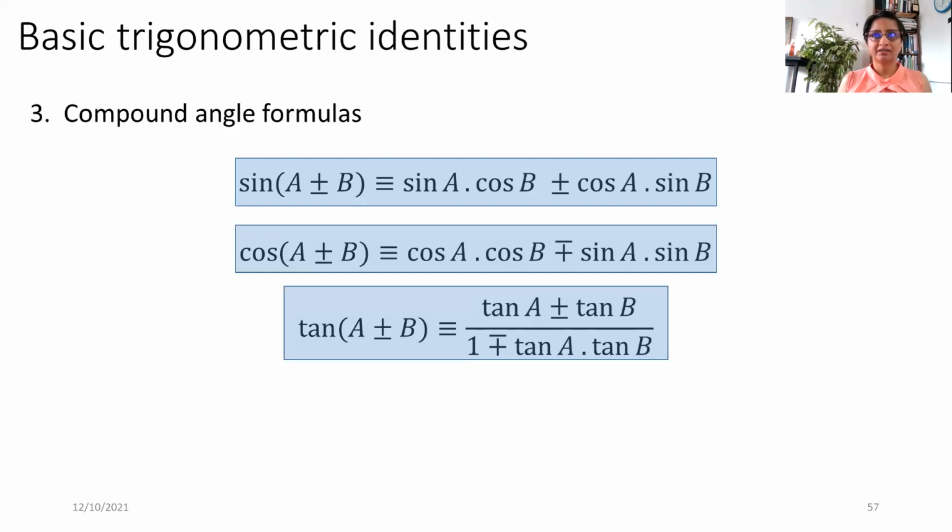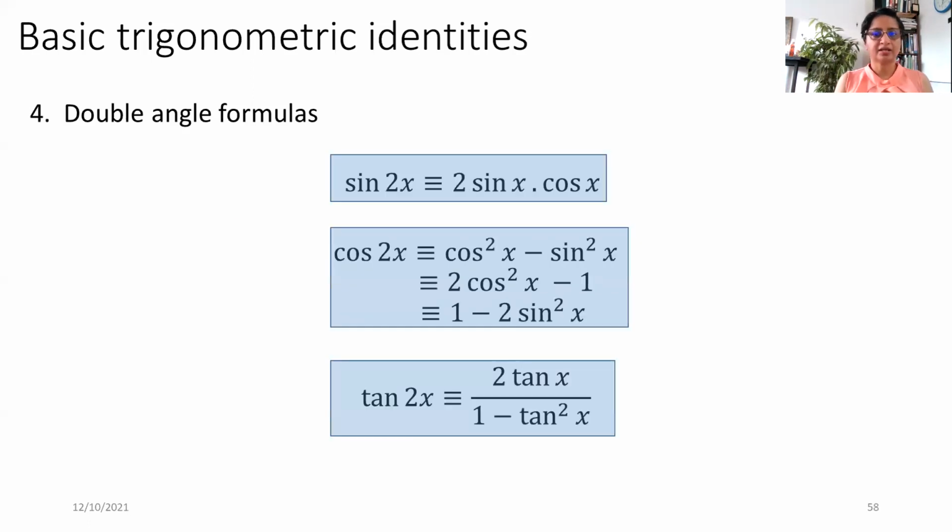You might think, is sine a plus b just sine a plus sine b? Can I write like that? You might think whether you can just expand it like that. But you can't do that. This is the correct expansion or the identity for sine a plus b and sine a minus b, and same for cos and tan. So you saw that too.